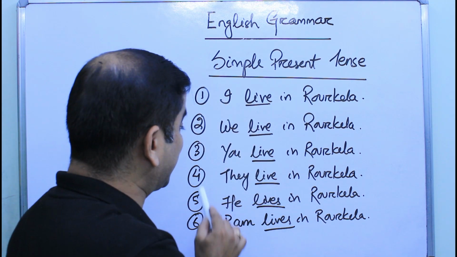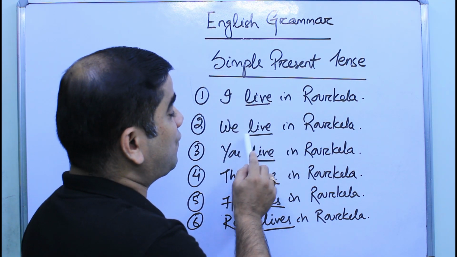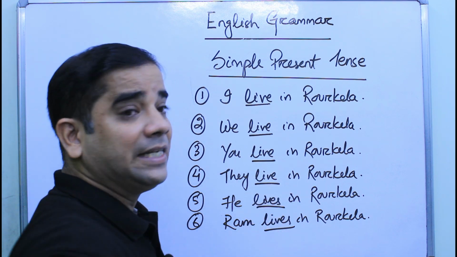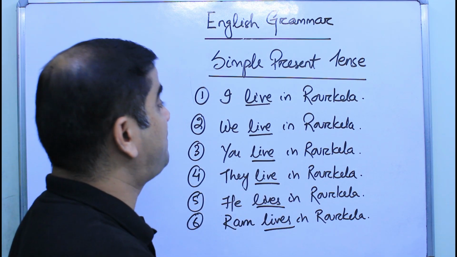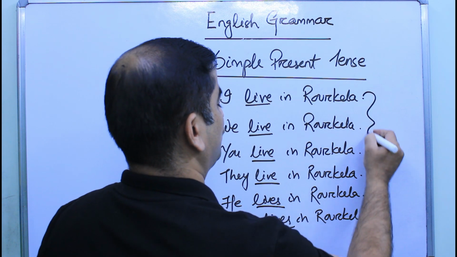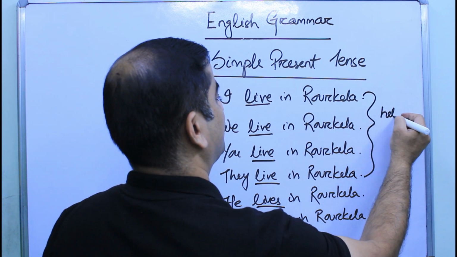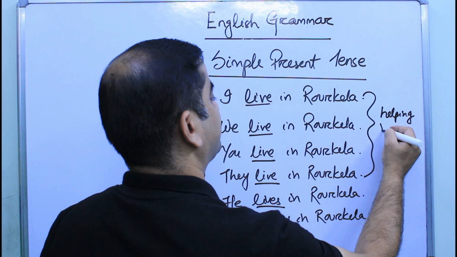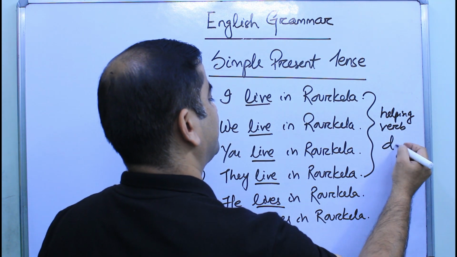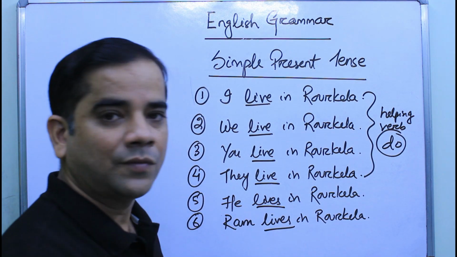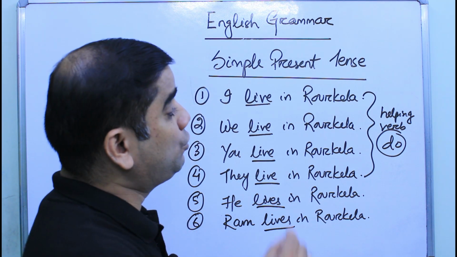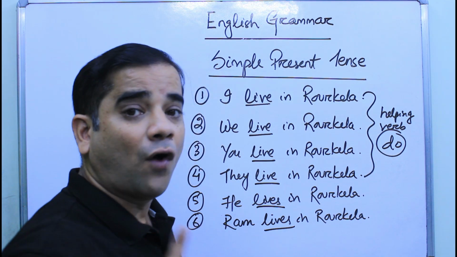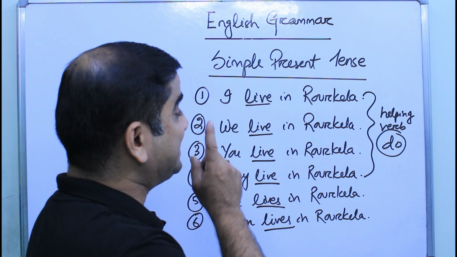Because in first 4 sentences the verb leave is used along with helping verb do. So, whenever we use the helping verb do, the form of the main verb doesn't change.